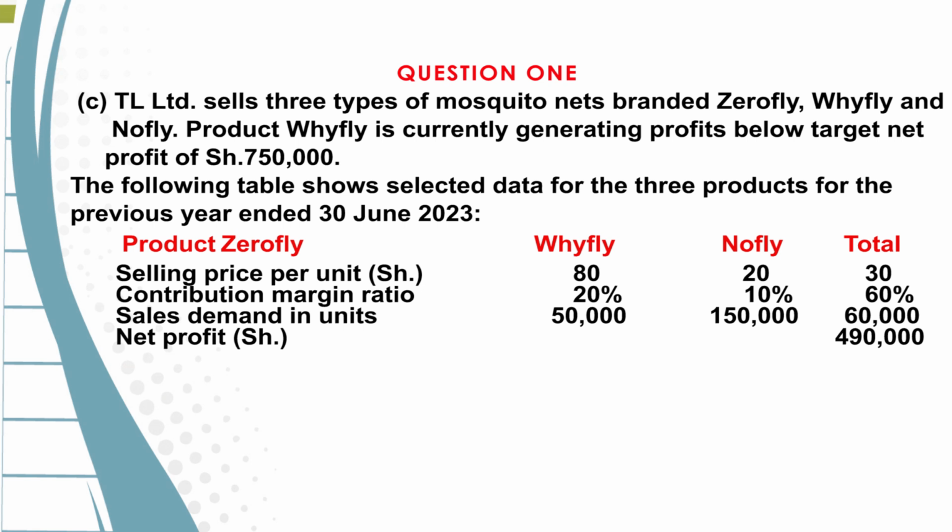So for zero fly it will be 50,000 units times 6.5. For Y-fly it is going to be 6.5 shillings times 150,000 units. For no-fly it is going to be 6.5 times 60,000 units. Give me the total fixed cost.